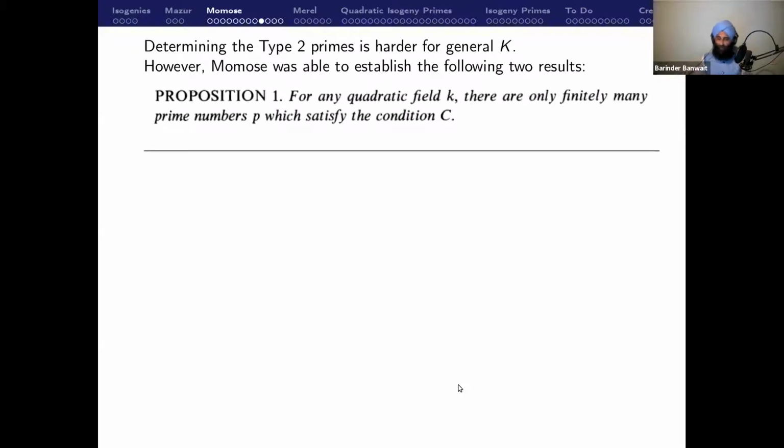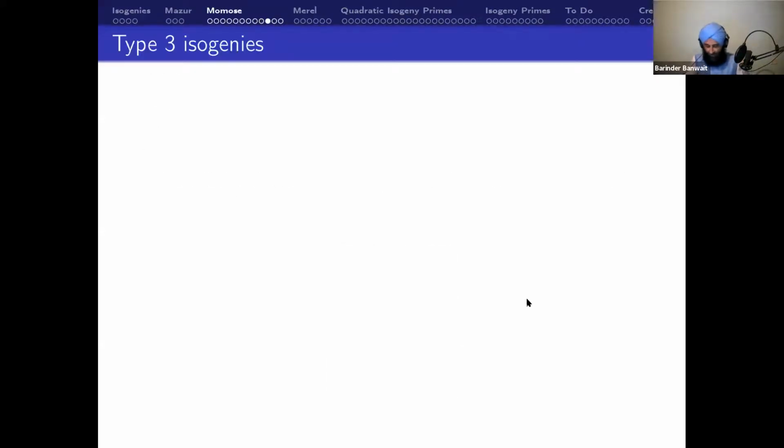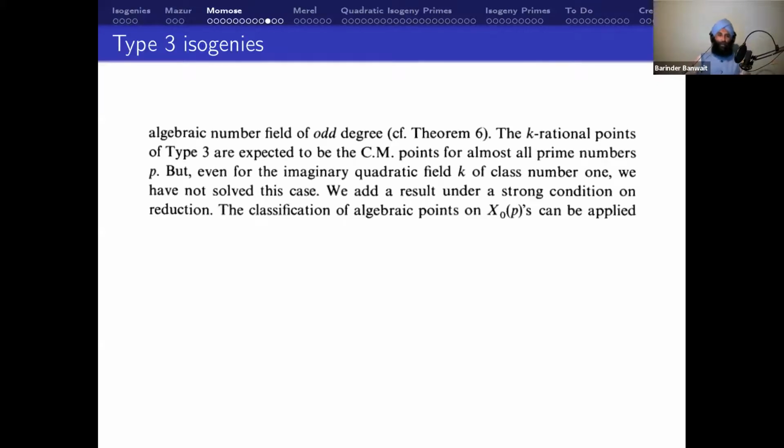Nevertheless, Momose is able to determine the following ineffective results: that for a quadratic field, there are only finitely many type 2 primes. And if you're willing to assume GRH, this is true for any number field, which is attributed to Kumar-Murty. Okay, and for type 3, as I said, these look like they're coming from CM isogenies. Momose thinks so too.